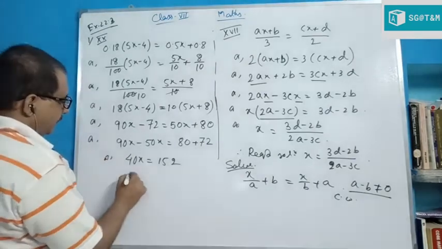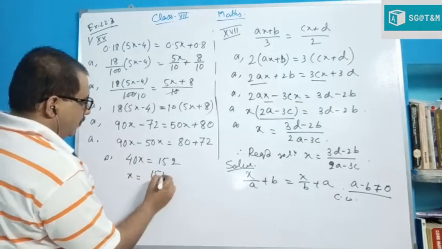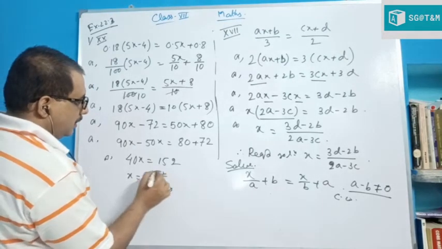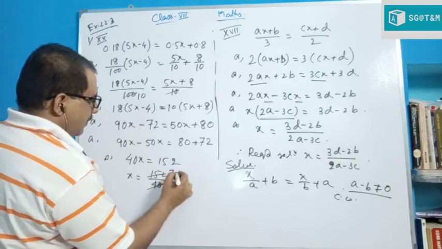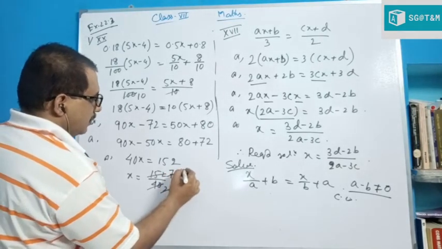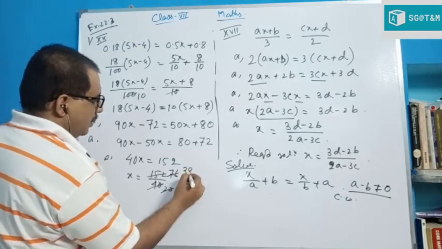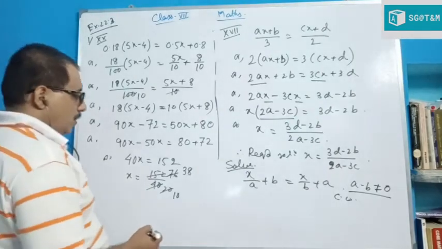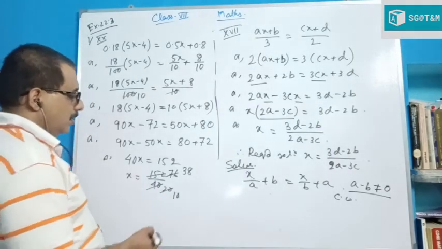Therefore, x is equal to 152 by 40. Dividing by 2, it is 20. It is 76. Again dividing by 2, it is 10. It is 38 most probably. So answer will be 3.8.